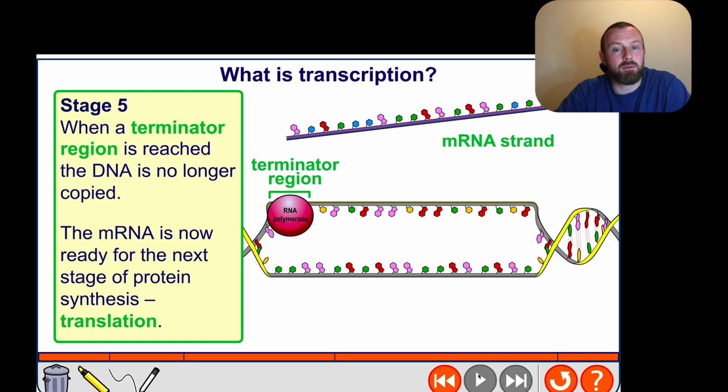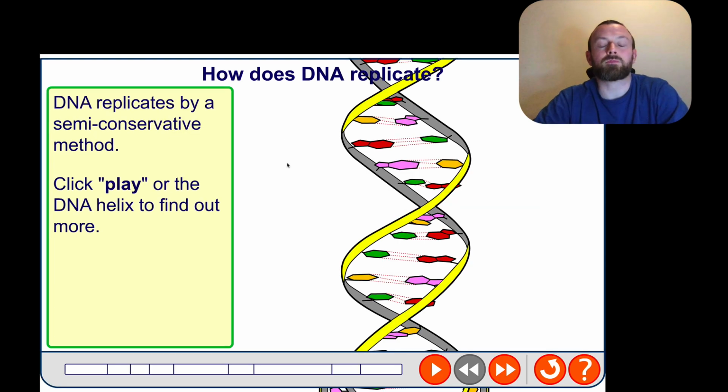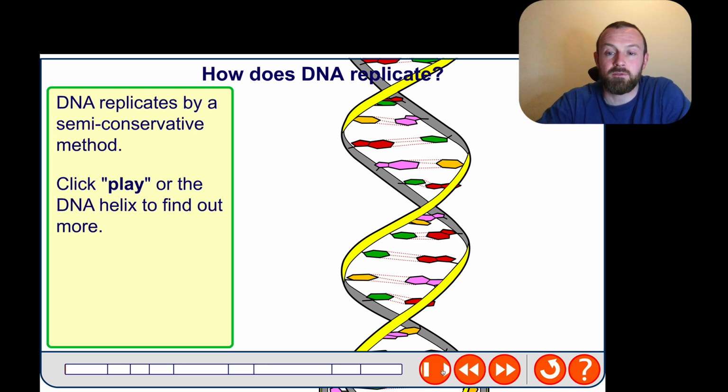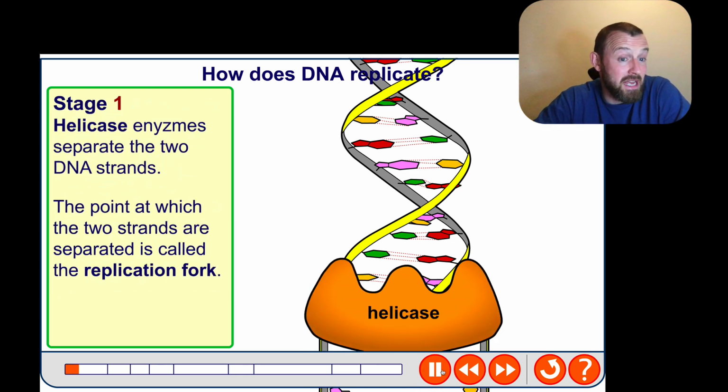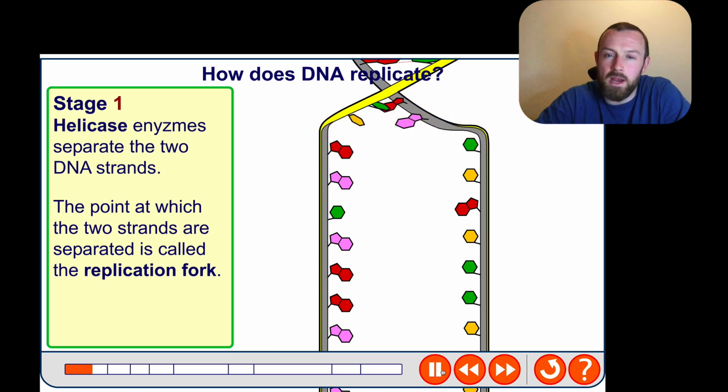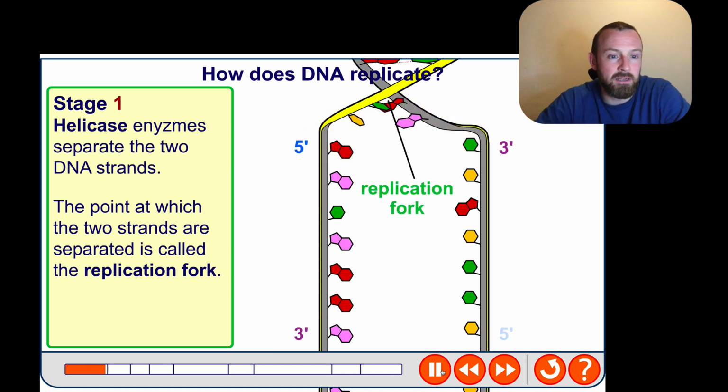Let's look at the process of DNA replication to compare it. Again, we start off with the DNA helix twisted with hydrogen bonds down the middle. The first step is using helicase enzymes and gyrase enzymes to unwind and unzip. There's a similarity.